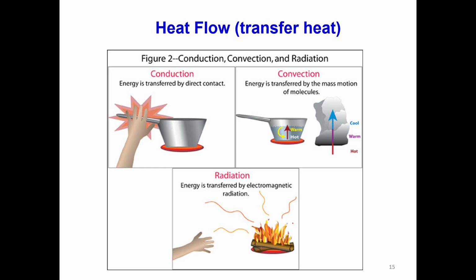Convection is due to the motion of masses of molecules. In this case, the substance must flow. The third case is radiation, where the energy is transferred by electromagnetic radiation.